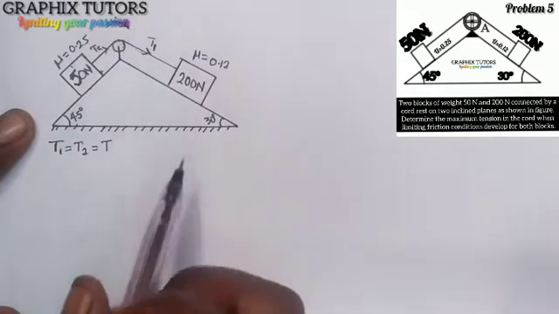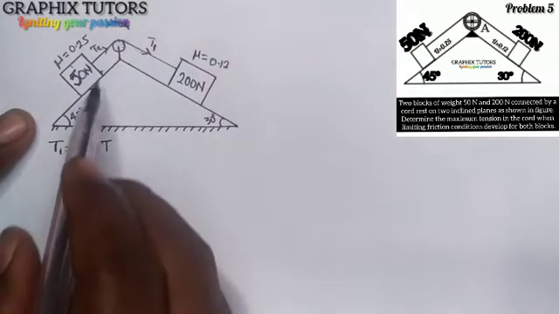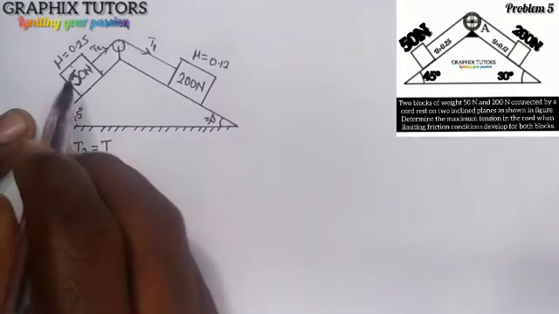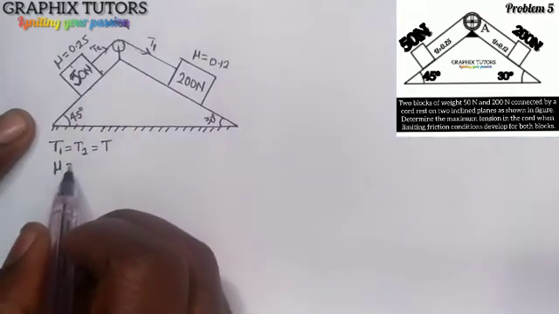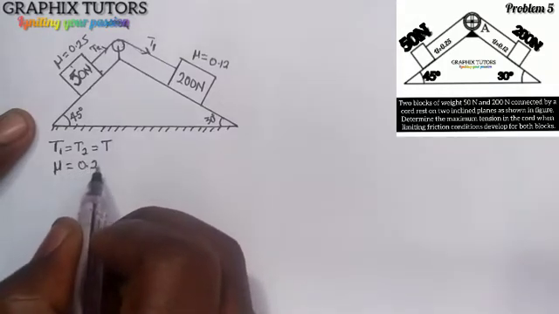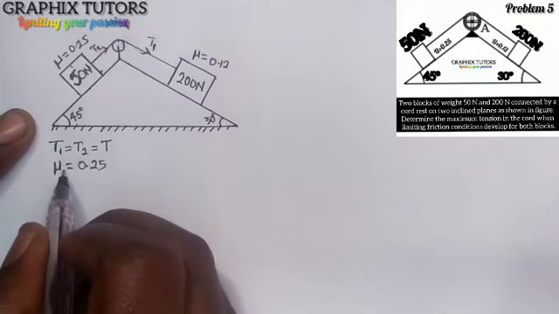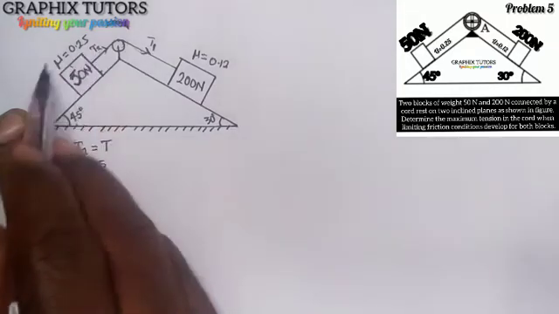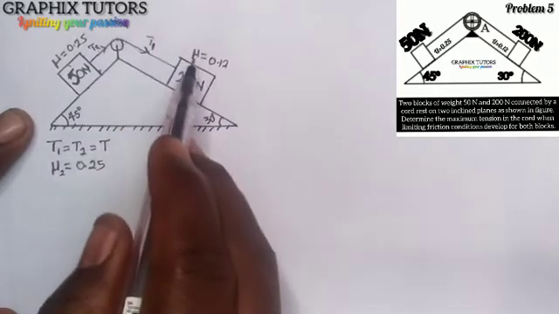Are we together? Now on this side, the coefficient of friction mu 2 is equal to 0.25. We are dealing with this side as 2, and here as 1.